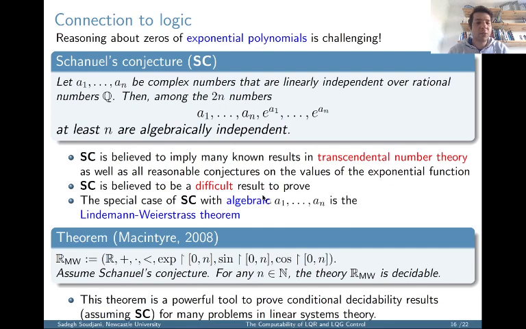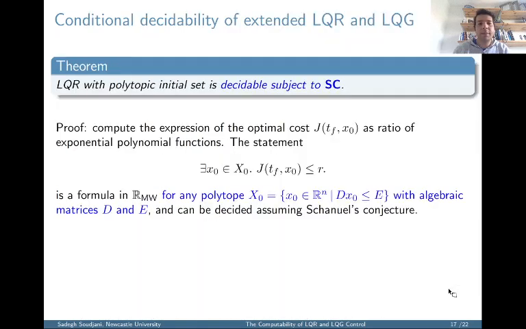This result is proved by Macintyre in collaboration with Wilkie in 2008. If we assume Schanuel's conjecture and we write a statement by existentially or universally quantifying over variables, and we use exponential, sine and cosine functions over bounded domains, then that statement becomes decidable. And this theorem is a powerful tool to prove conditional decidability results for many problems in linear system theory.